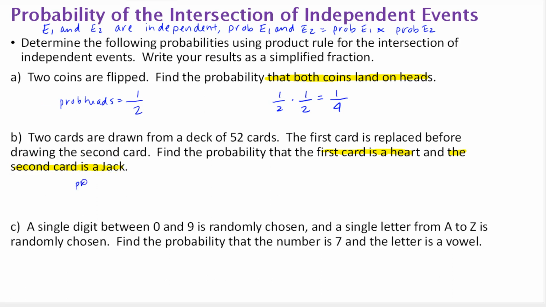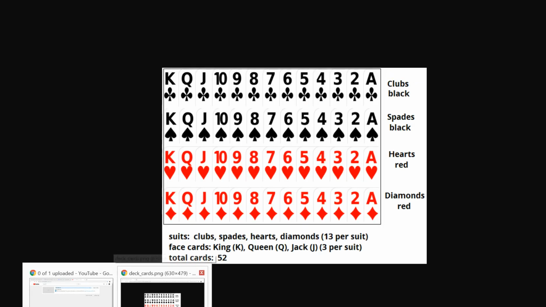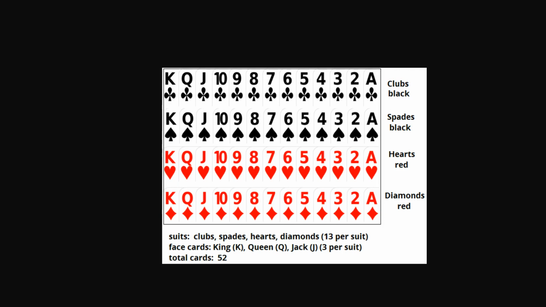Okay, so let's find the probability of a heart, and the probability of a jack. And we know it's a total of 52 cards. Let's look at a deck of cards. Okay, so here are hearts. Notice it's 13 out of 52, but remember we can look at this. There's 1, 2, 3, 4 rows, and they're equal.